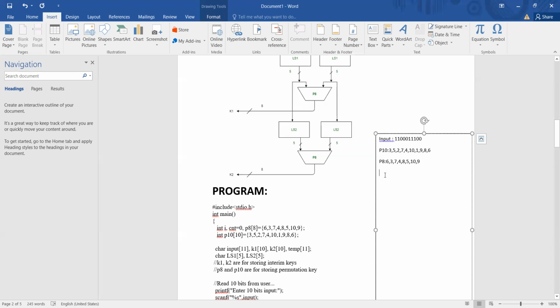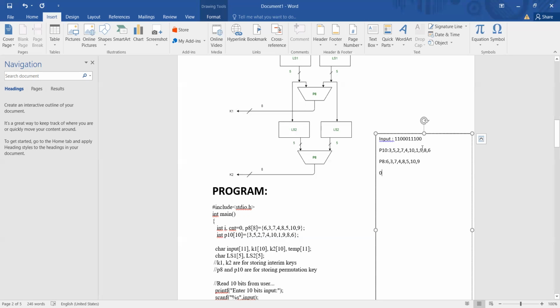To generate the key, this is the input which we are using. At the first position we have 3, so we check in this input: first element, second element, third element. In the place of 1 we have 3, so we check what number is at that position, and that is going to be our output.